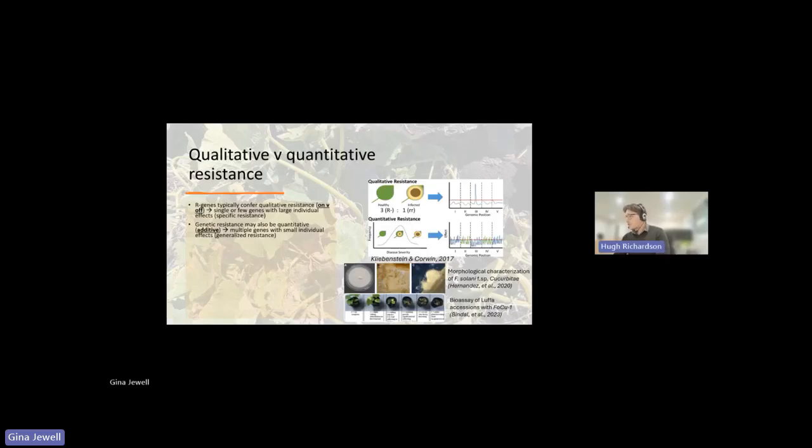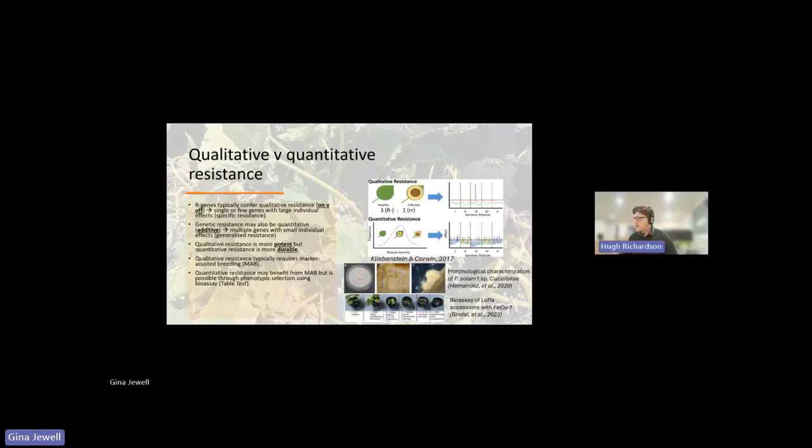This usually comes from multiple small genes with small individual effects, but they might have a larger sum effect, and this is generalized. So this is more aligned with the PTI system. Qualitative resistance is usually more effective, but quantitative resistance is more durable. And we'll discuss that a bit more later.